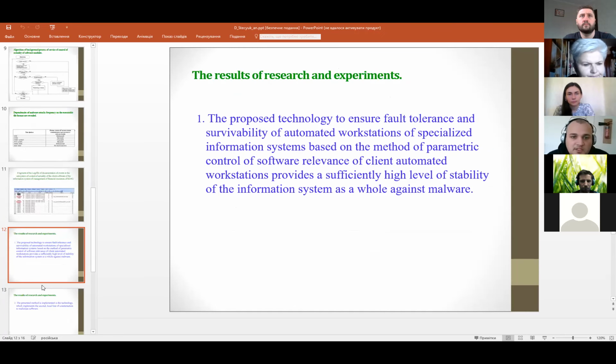The result of research and experience. The proposed technology to ensure the fault tolerance and survivability of the automated workstation of a specialized information system, based on the method of parametric control of software prevalence of the client automated workstation, provides a high level of survivability and stability of the information system as a whole against malware.